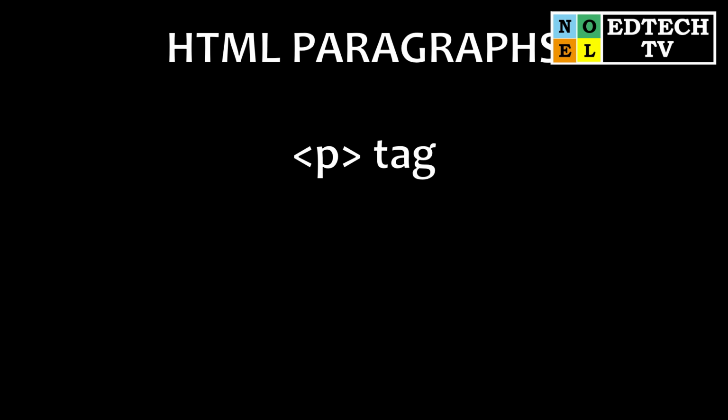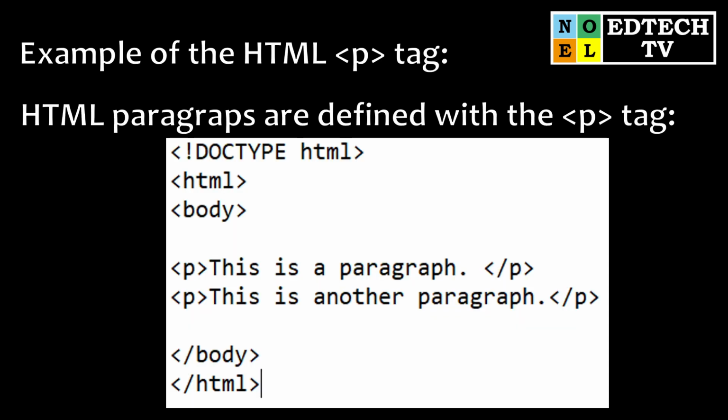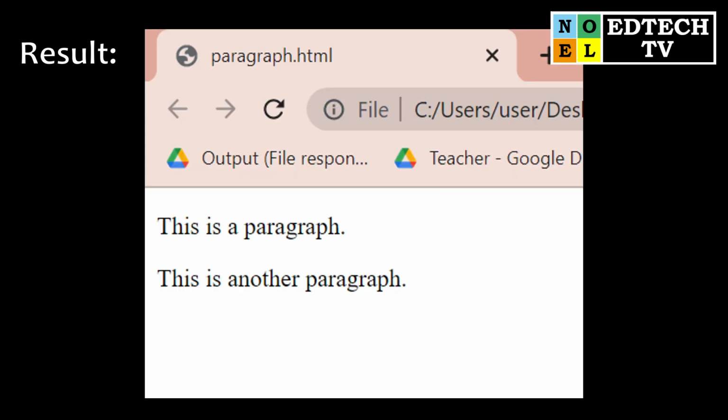The content is written between the opening tag and the closing paragraph tag. Here is the example of the HTML paragraph tag. And this is the result of the example coded HTML using paragraph tag that you saw in the previous slide.